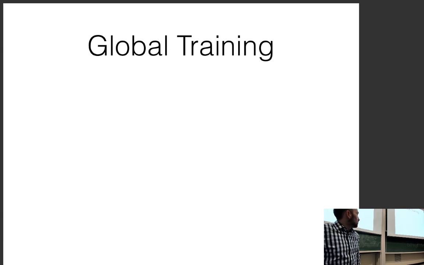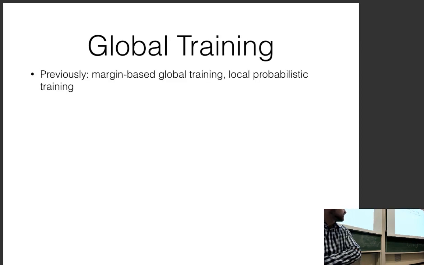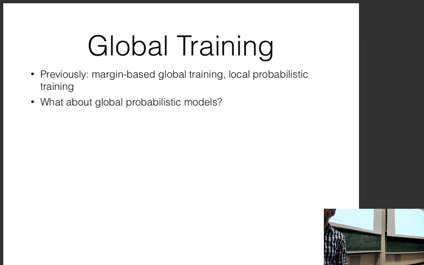Okay, so global training. In previous work, there was margin-based global training and local probabilistic training. I talked about both of these. There's also a nice trick you can do to get global probabilistic models for these kinds of dependency structures.